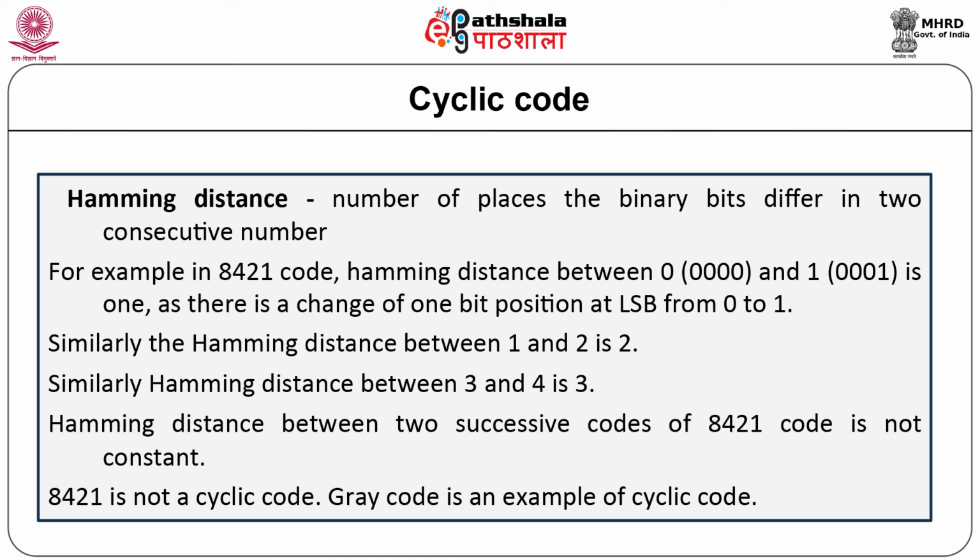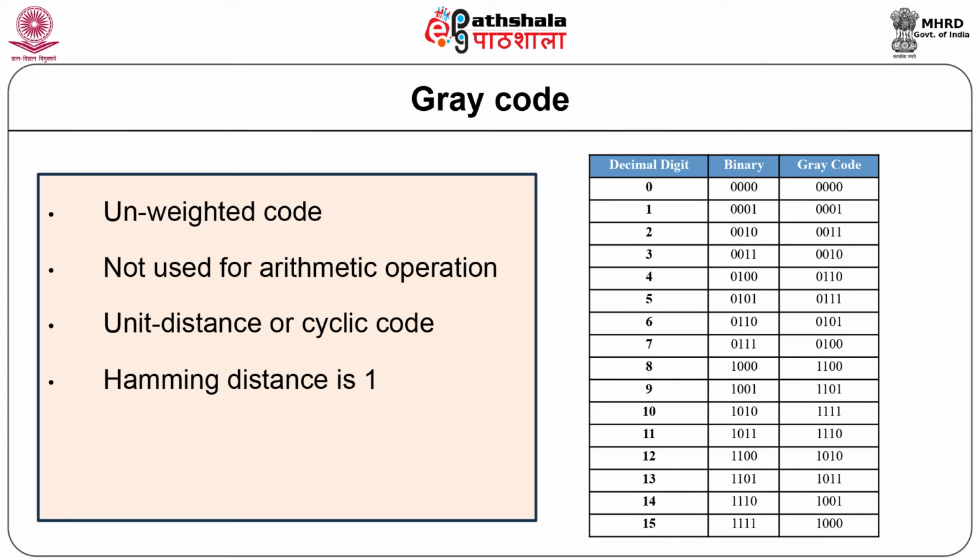All cyclic codes have unit Hamming distance property. Gray code is an example of cyclic code. It is normally used in rotary encoders, ADCs, etc. The gray code is an unweighted code as no weights are assigned to the bit positions. Hence, this code is not used in arithmetic operations. This code is often associated with optical encoders, a technique for converting the shaft angle into binary values.